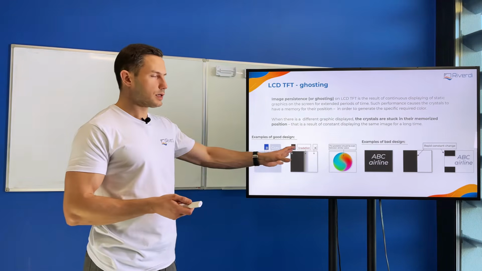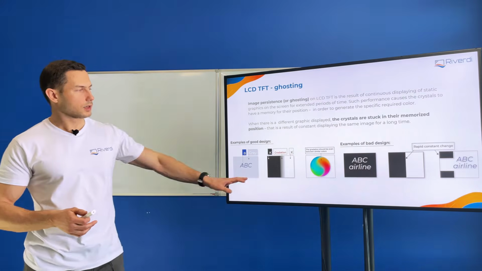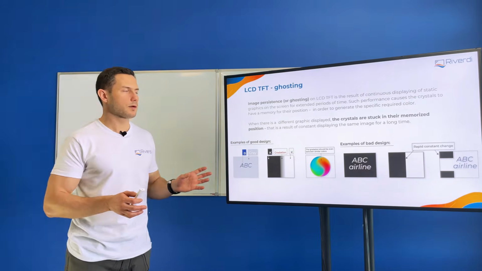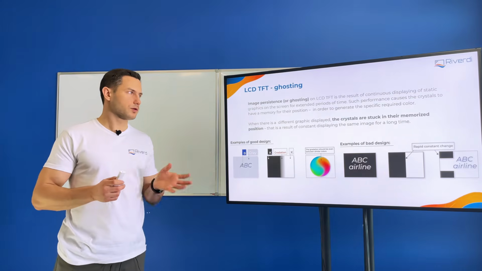So there are some techniques when you build your application to avoid, like here, very rapid contrast change, and of course to avoid positioning the same image in the same position for a long time.